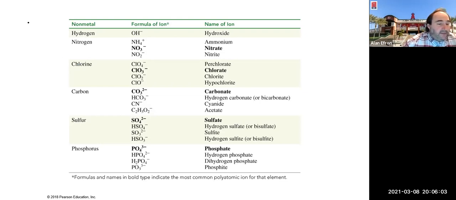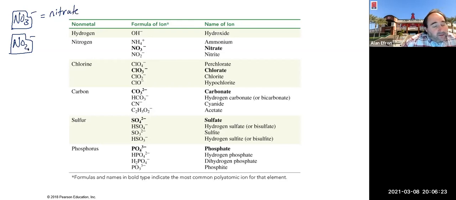In terms of the names, for example, if we look at NO3 minus and NO2 minus. The one with 1 nitrogen, 3 oxygens has a -1 charge. That is known as nitrate. The 1 nitrogen and 2 oxygens with a -1 charge is known as nitrite, ITE.